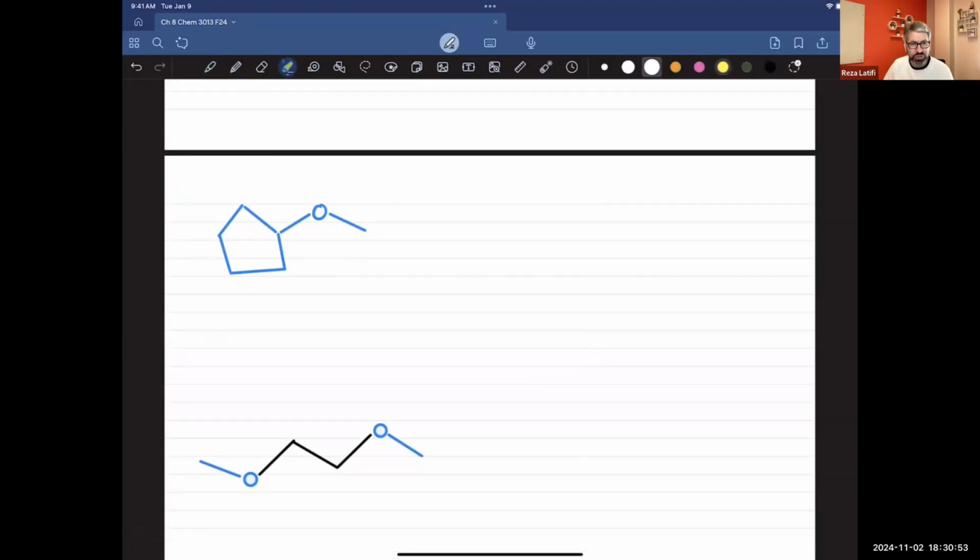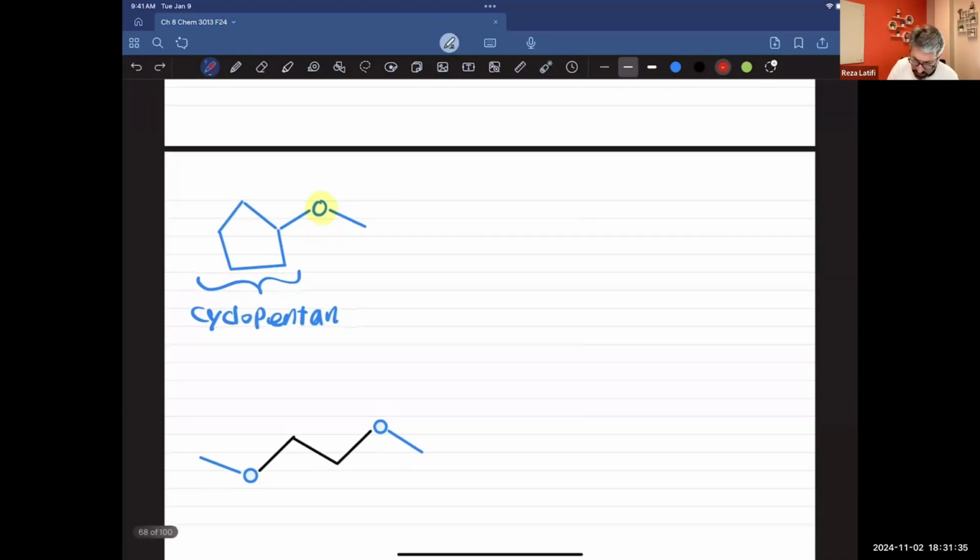Next one. Let's check both sides of the oxygen. This is our oxygen. We have cyclopentane and methyl. One way to name it is to say this group is cyclopentane, and it is attached to oxygen. So let's get rid of the E and replace it with YL: cyclopentyl.